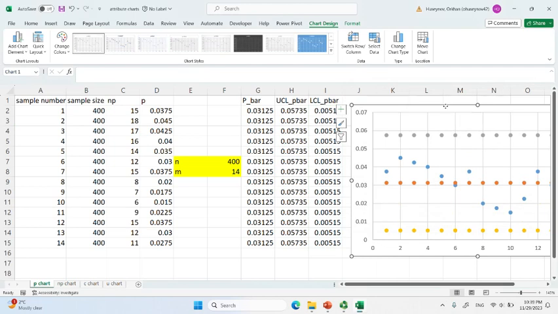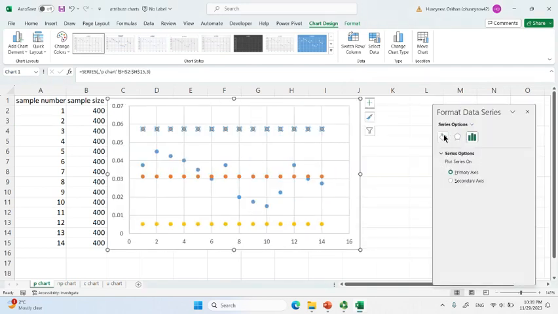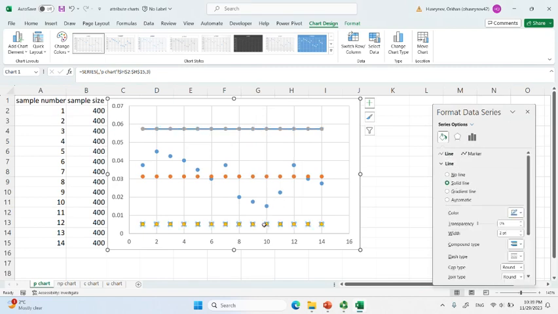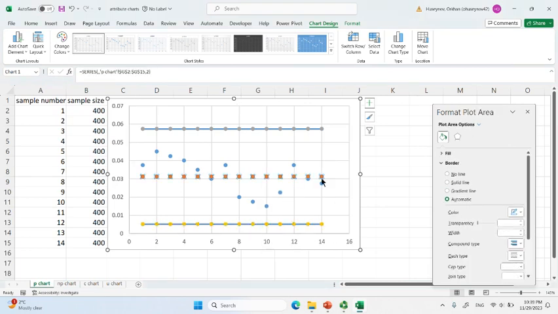Okay, and then we can check this one. Let's make it a solid line instead of the marker options, and then for this one as well, and this one as well, a solid line.